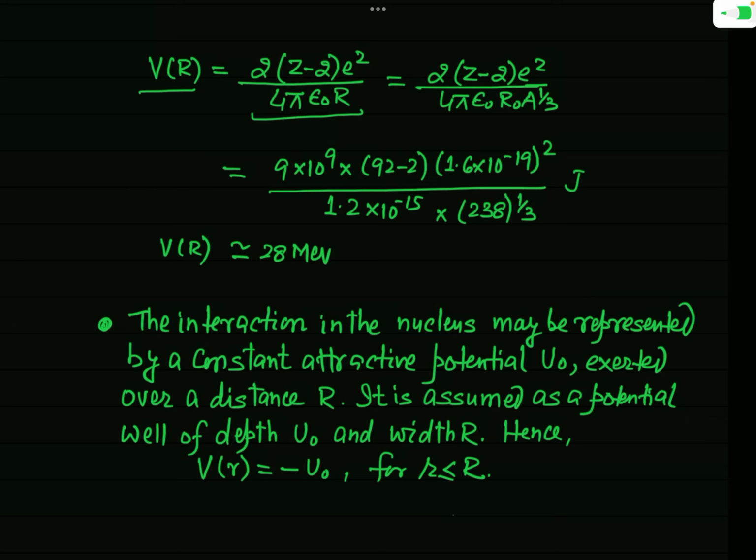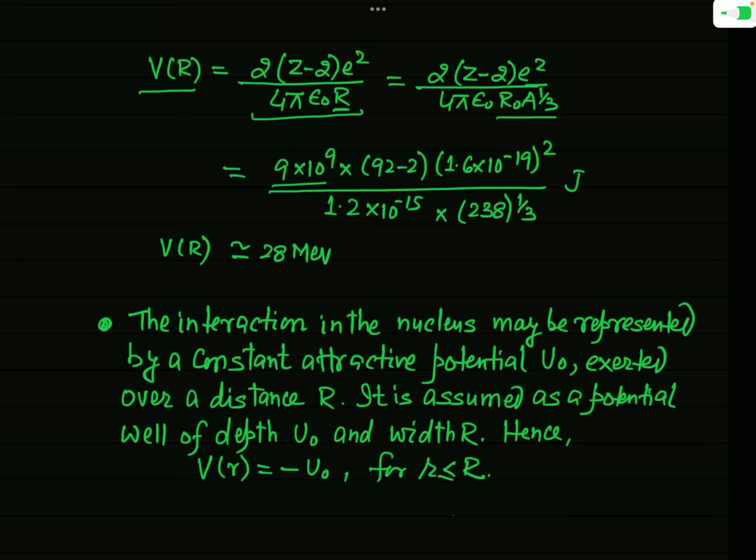The radius of the nucleus, if it is spherical, is r naught times A to the power 1 by 3. Now put the numerical values of all the quantities in the right-hand side of this equation. 1 over 4 pi epsilon naught is almost equal to 9 times 10 to the power 9 in SI units, and Z minus 2.